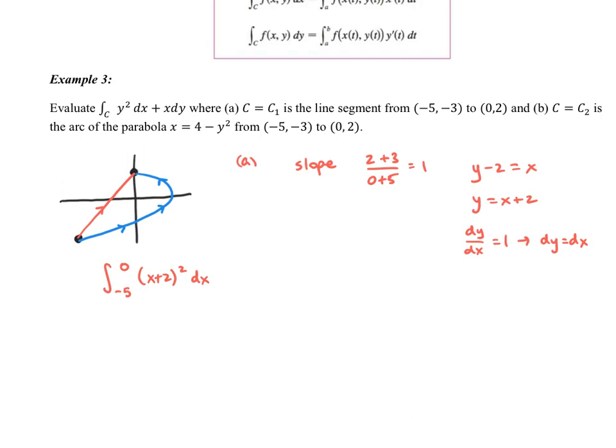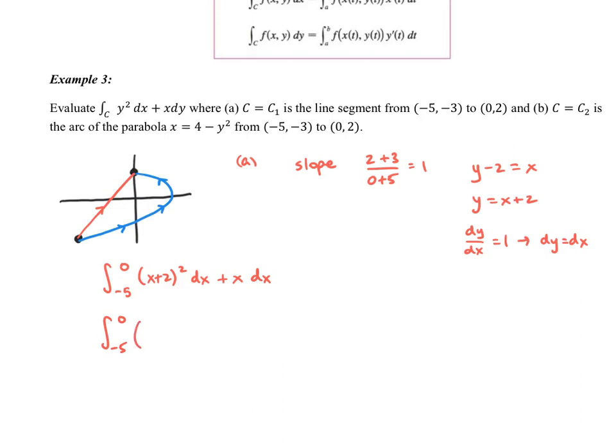The x right here, we don't have to do anything with that, so plus x. And then that dy is the same thing as dx, so we substitute in dx. And then let's take a minute and just distribute this all out and combine.